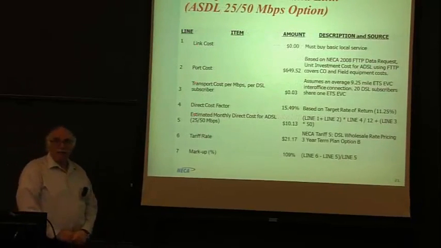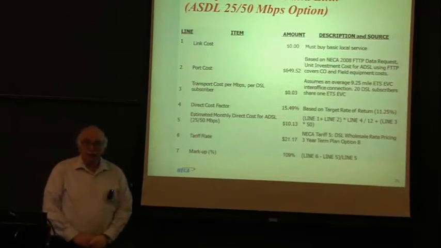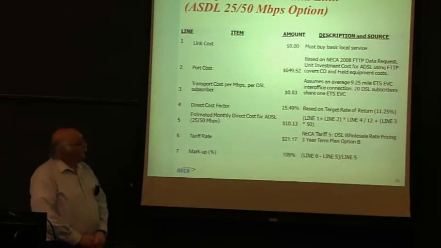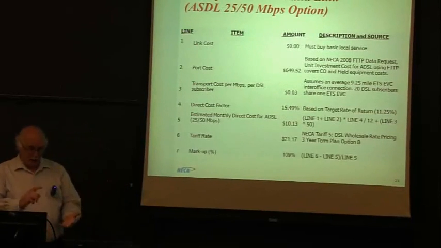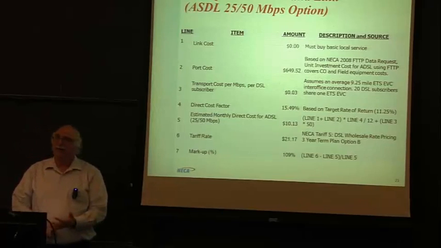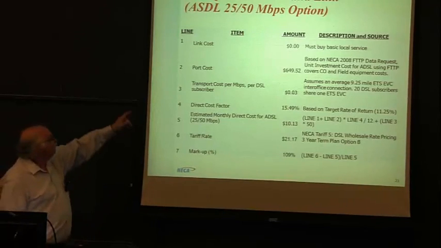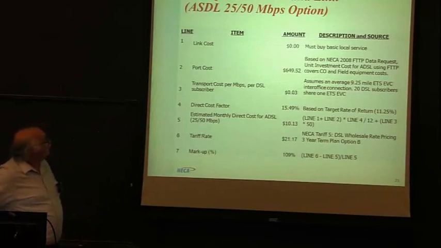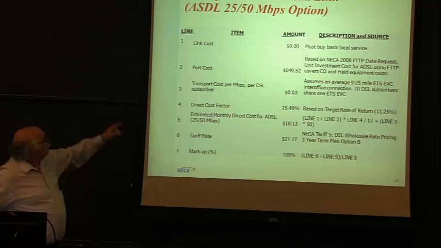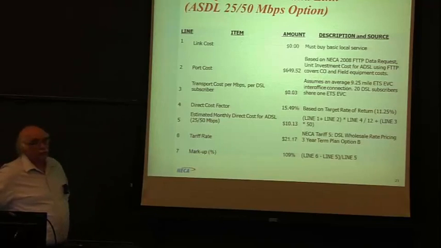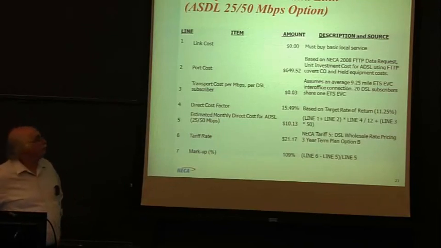So let me end with a simple example, and it illustrates how the service provided and regulation come into play. This is an example of DSL where we have a 25 megabit upload speed and 50 download.